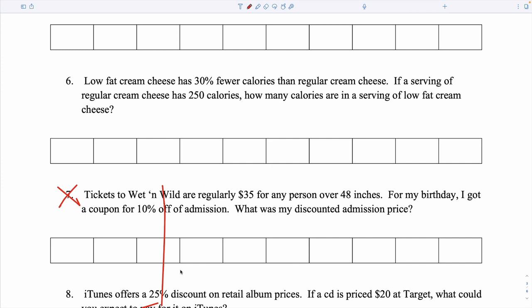This is 5, 6, and 8. Let me give my 2 teammates the help.